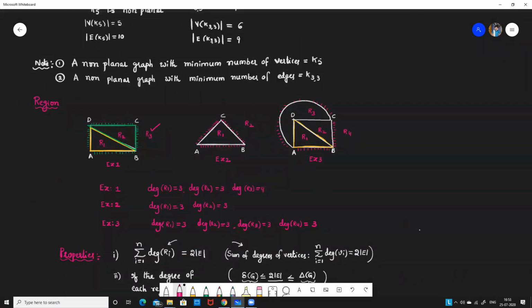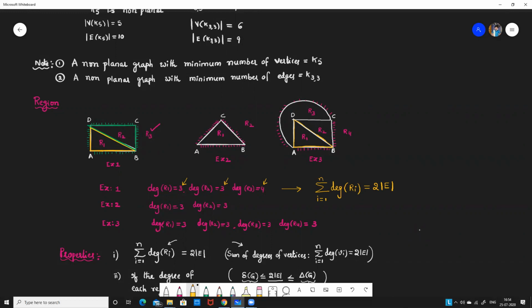Let me check example 1. Let me check this condition: summation i runs from 1 to n, degree of all regions must be equal to 2 times the number of edges. Let me check this one. So here degree of R1 is equal to 3, degree of R2 is equal to 3, degree of R3 is equal to 4.